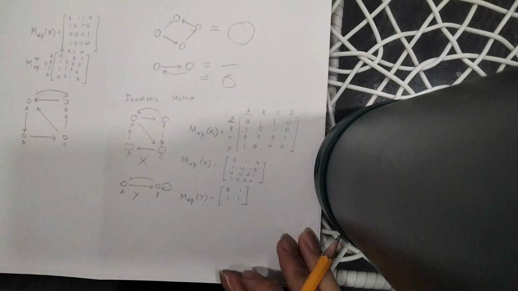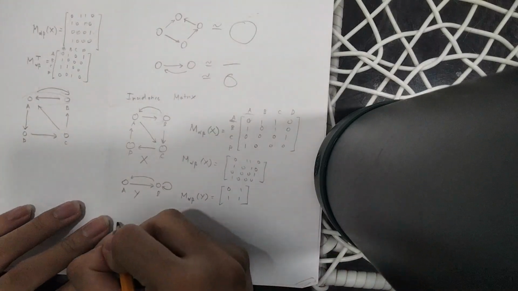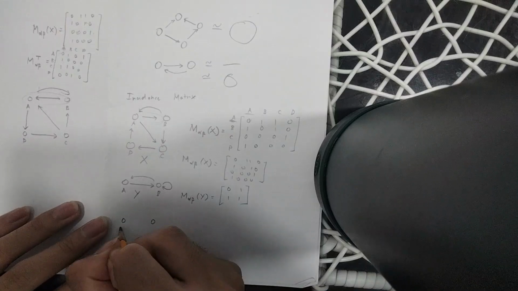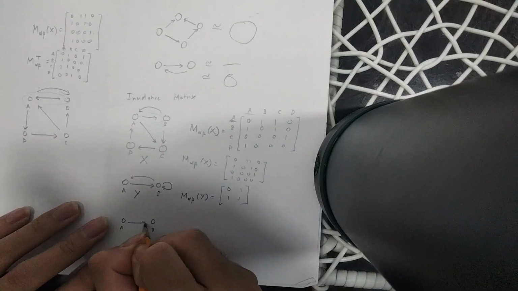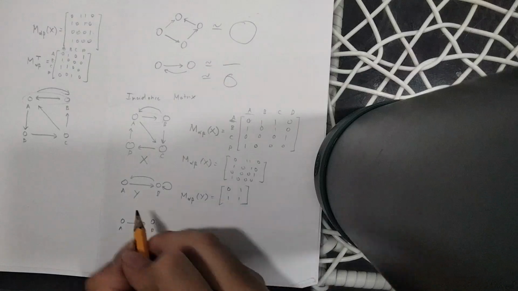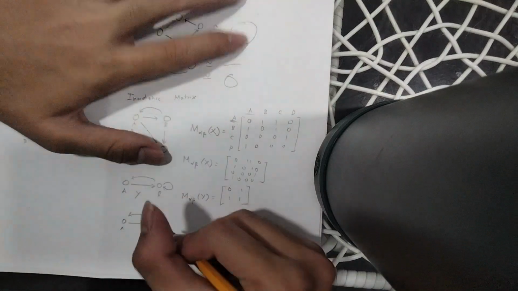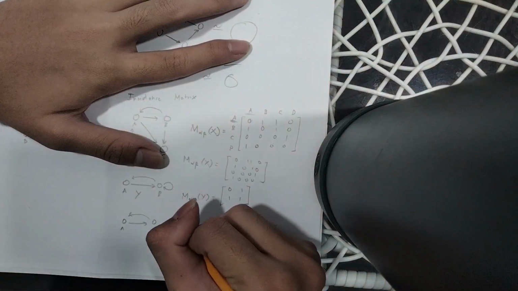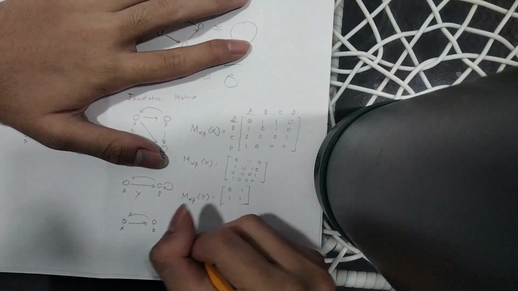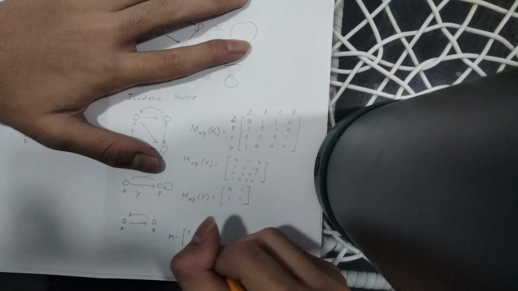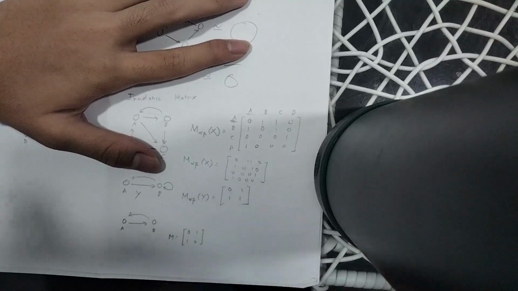So if I have a relationship containing two people, A and B, and I take the incidence matrix of them, so let's say it's a mutual understanding, or it's a full-fledged relationship where they both like each other, then the incidence matrix, of course, would be a 0 1, and then a 1 0.